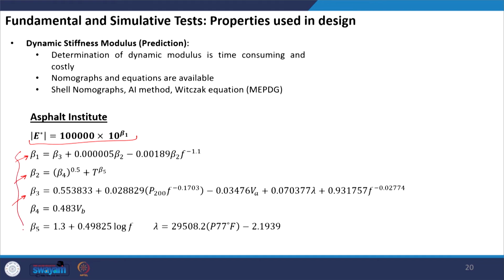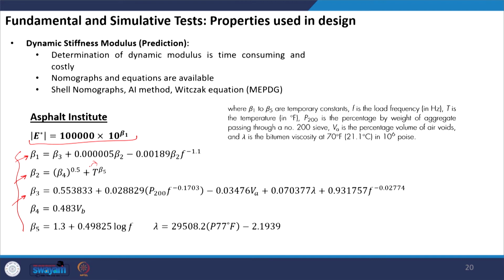So you do not have to worry about the complexity of this equation, you just have to know that beta 1 is nothing but a parameter which is a function of the temperature, the percentage of material passing the 200 micron sieve, the percentage of the volume of air voids, the viscosity of the bitumen at 21 degrees Celsius, the frequency of loading at which we are trying to find the dynamic modulus, the volume of bitumen, and what else, I think that is it.